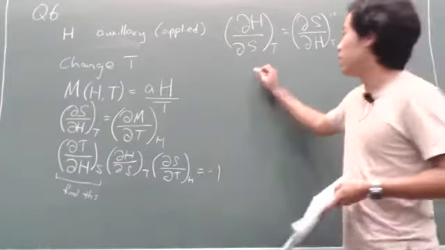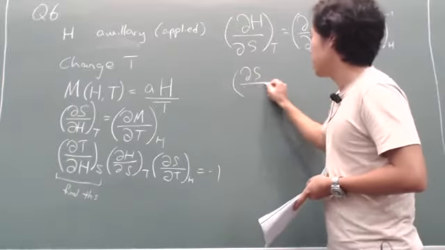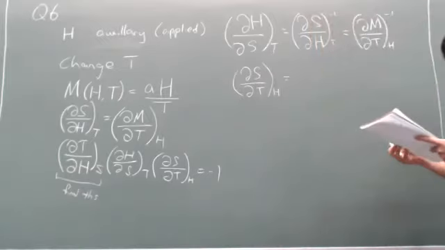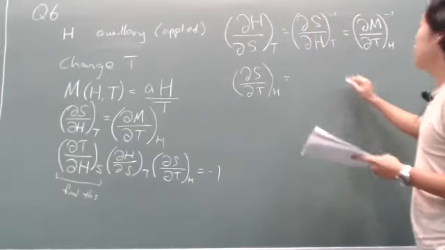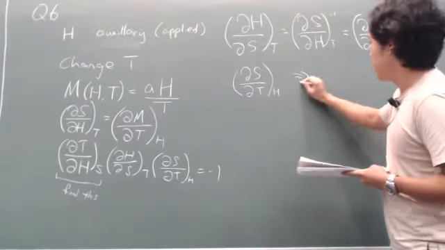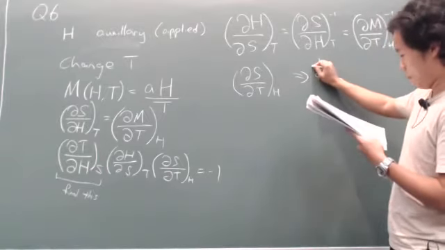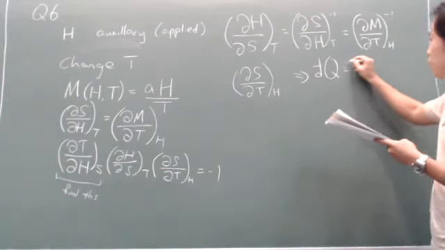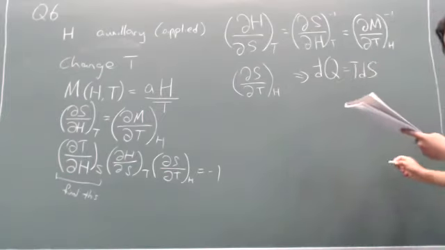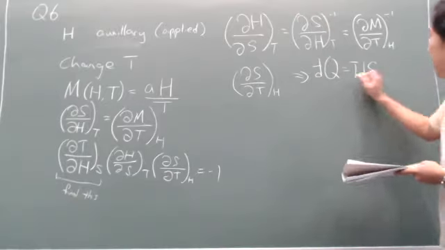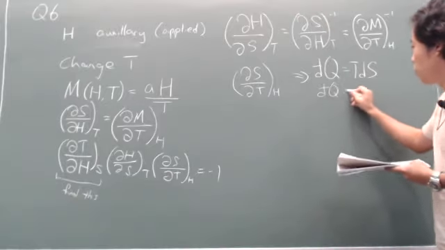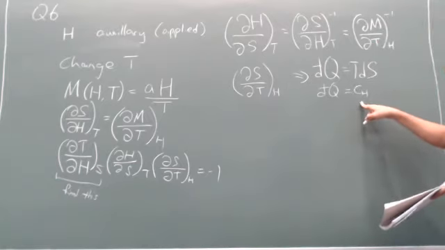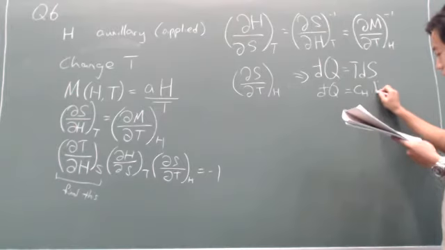Let's look at the other term, which is dS/dT at constant H. For this one, you have to think about the heat exchange, which is equal to TdS. The change in heat dQ is also equal to the heat capacity at constant field times the change in temperature.